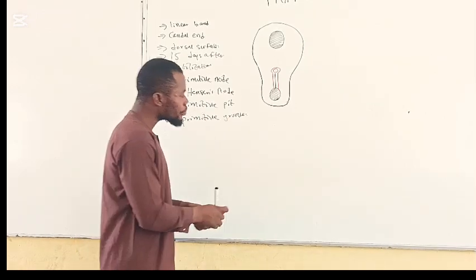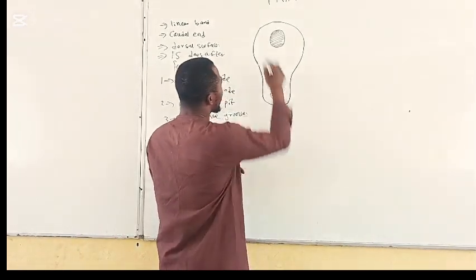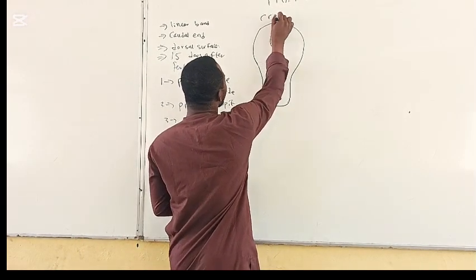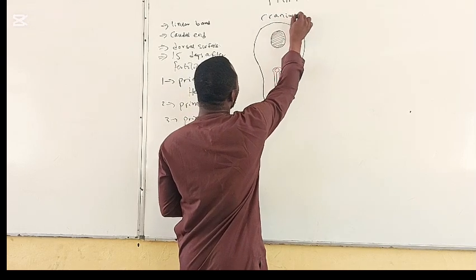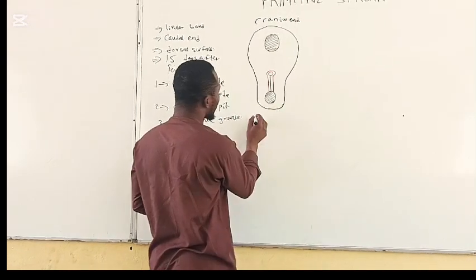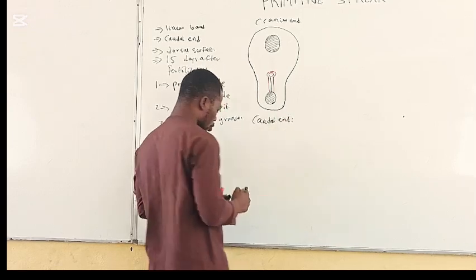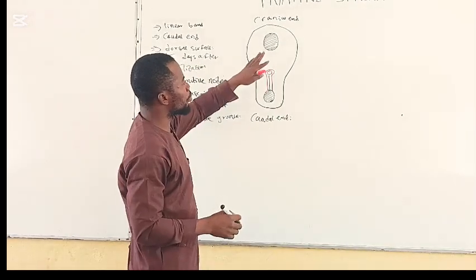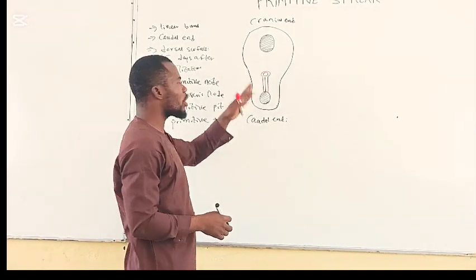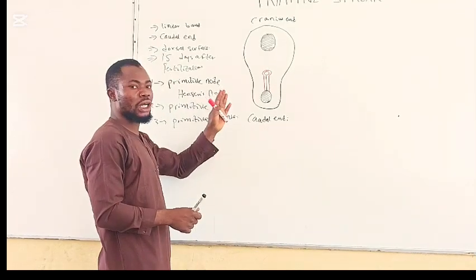So from here, this is the cranial end of the embryo, and this is the caudal end of the embryo. We are looking at the embryo from the dorsal aspect, because we said the primitive streak is located on the dorsal aspect.